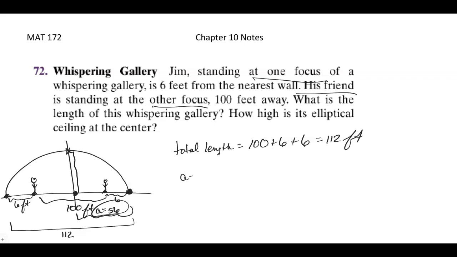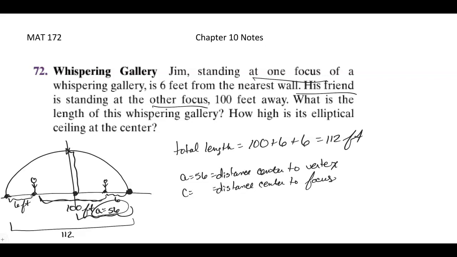So we know A is 56. C is going to be the distance from the center to the focus. And we know that too, because there's 100 feet between the two people, then the distance from the center out would be 50.